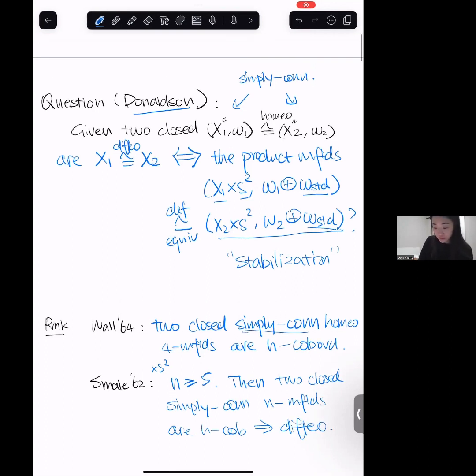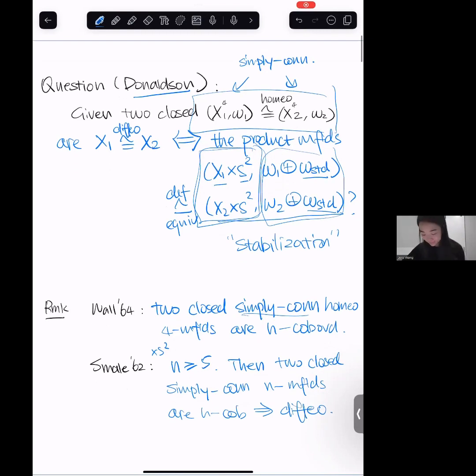So at least for simply connected manifolds, this stabilization will turn our homeomorphic but not necessarily diffeomorphic manifolds into diffeomorphic 6 manifolds. Then we can further consider whether their symplectic forms are deformation equivalent or not. Any questions? Okay.